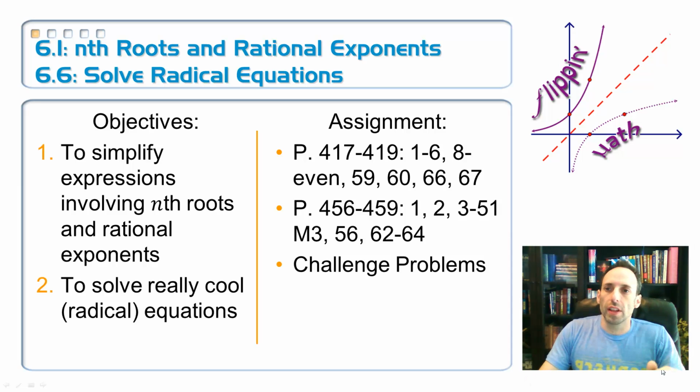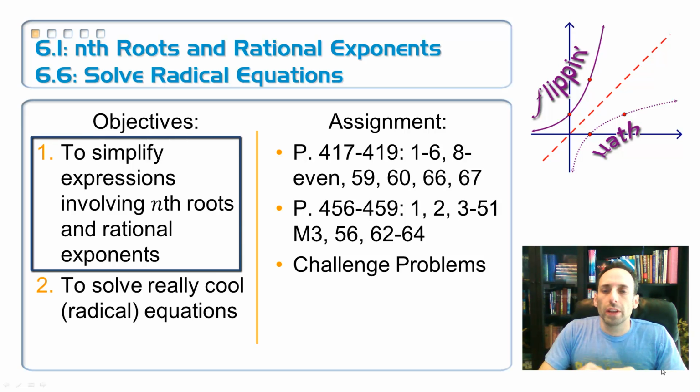All right, today's lesson combines two sections. The first one involves rational exponents, nth roots, and rational exponents. So our exponents look like fractions instead of just whole numbers or integers, and that's what objective one's about: simplifying expressions involving nth roots and rational exponents.